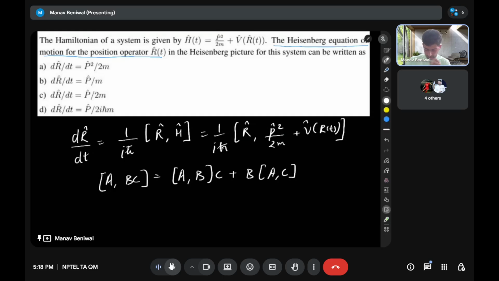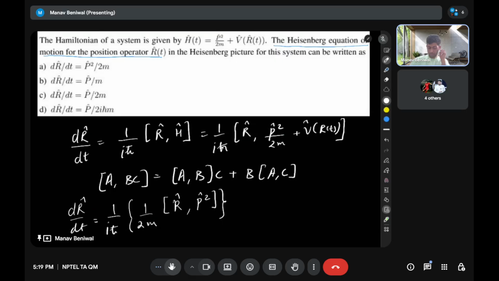For this dr dt, we already have this 1 by iota h cut, and then we'll have 1 upon 2m coming out, and then r comma p squared.